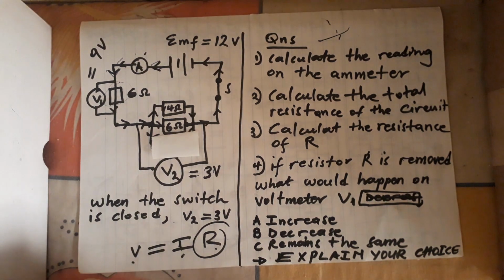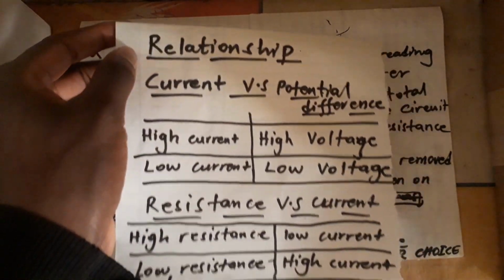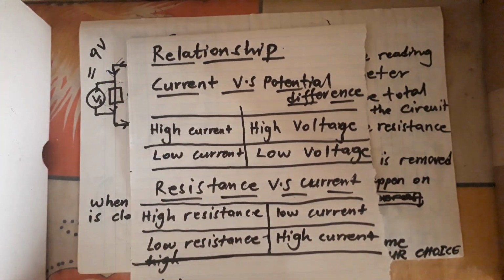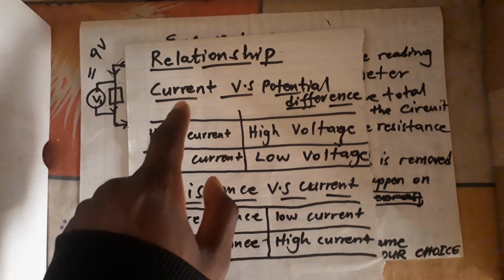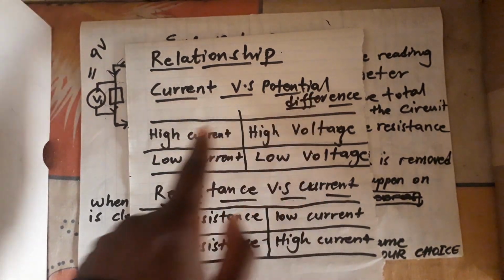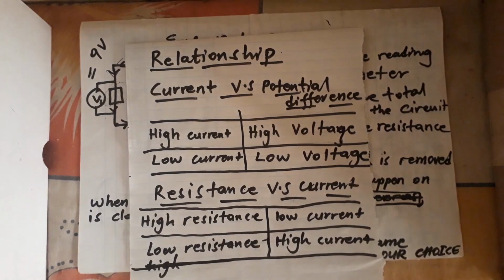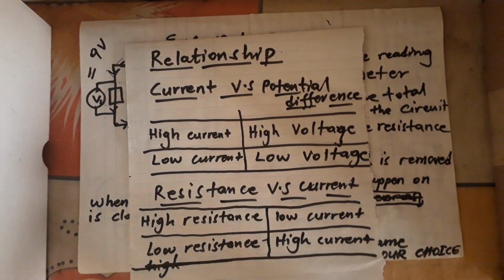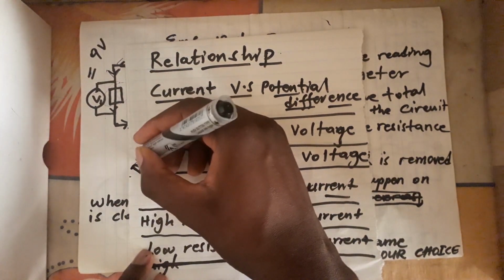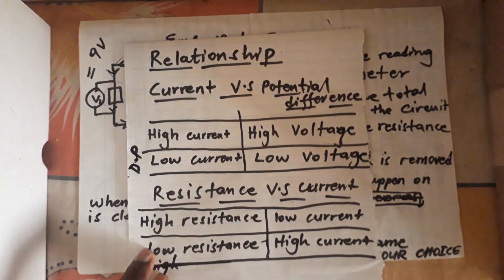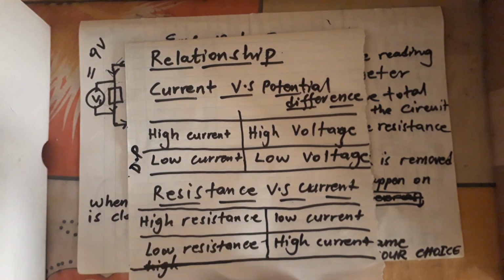I'm going to give you a table or a template that shows the relationship between current and potential difference and resistance versus current. When we look at current and potential difference, you can see that the relationship is directly proportional. So let me just write the relationship is dP here, meaning that it is directly proportional. And then why am I saying that?